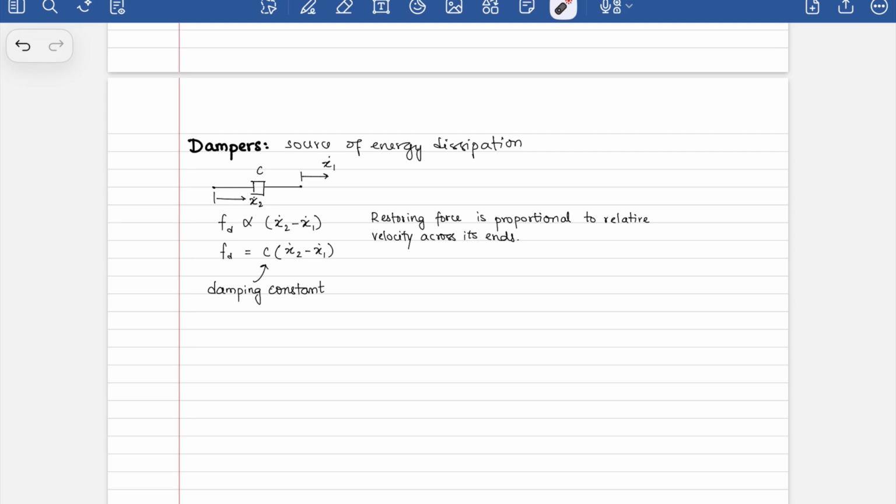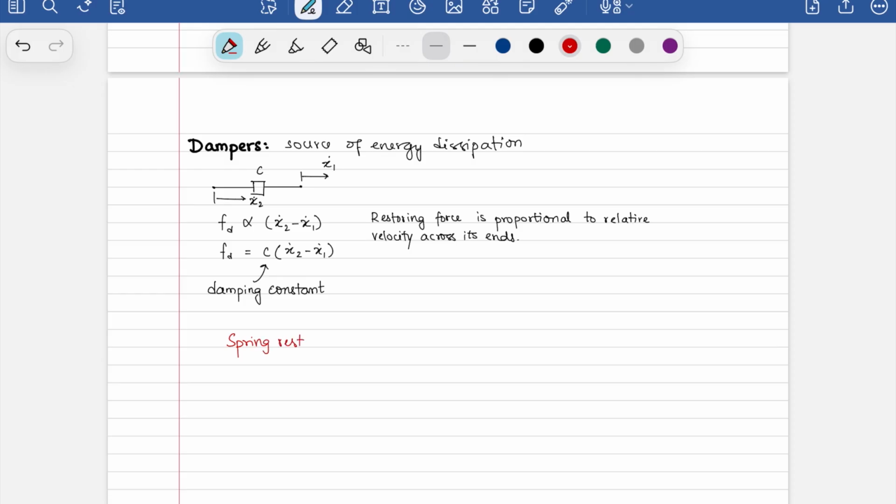Okay, so keep that in mind, and I'm going to write that in red. A spring restoring force, given by Fs in this class, is independent of delta x dot, that is the relative velocity.